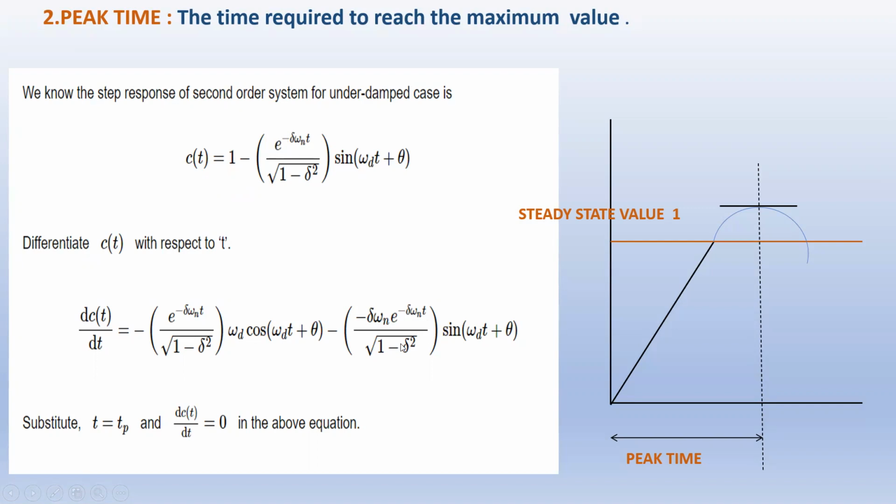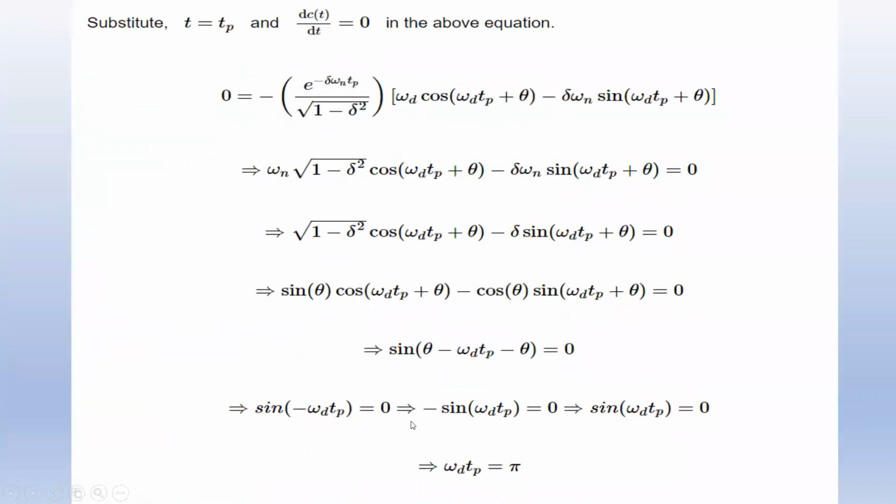This differentiation is not 0 in all cases, but it is 0 only at the particular time value t equal to tp. So let's substitute t equal to tp in this equation and equate it to 0.